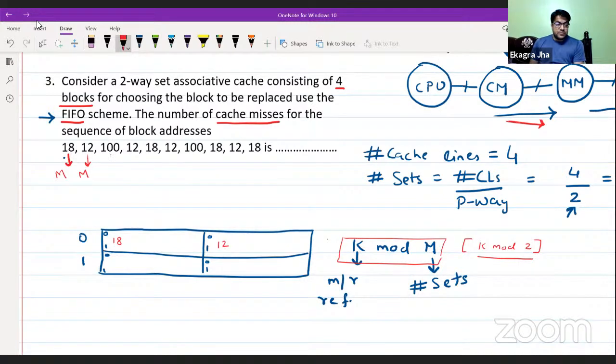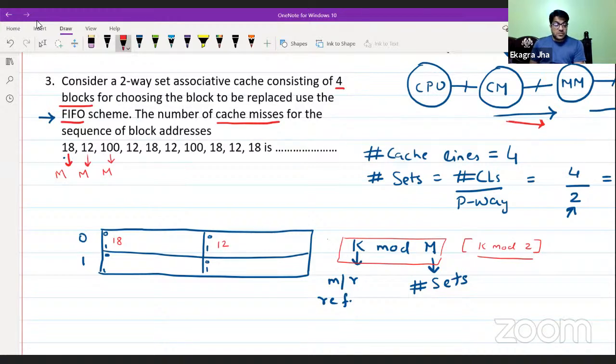Next time, CPU will ask for 100, but 100 is again not present in this set associative cache, hence it is a miss. But when 100 comes here, it finds the set is actually full. So 100 is going to replace some existing memory block, which is going to get overwritten.